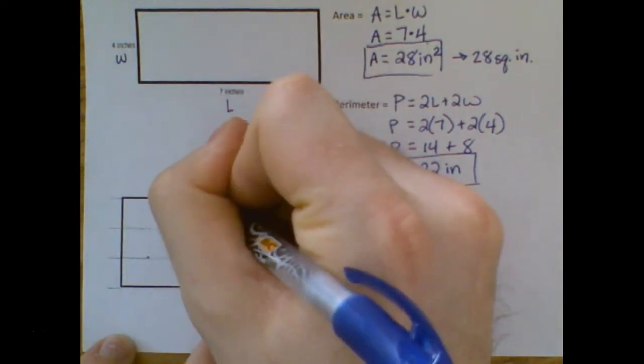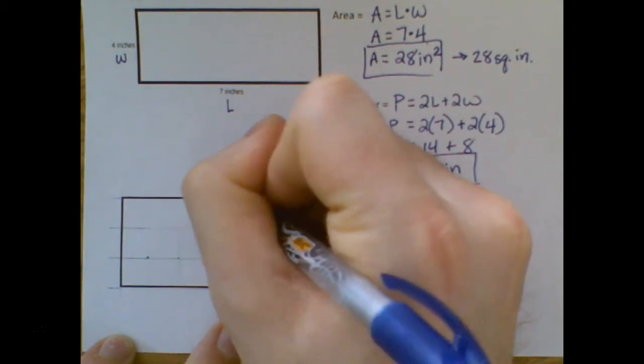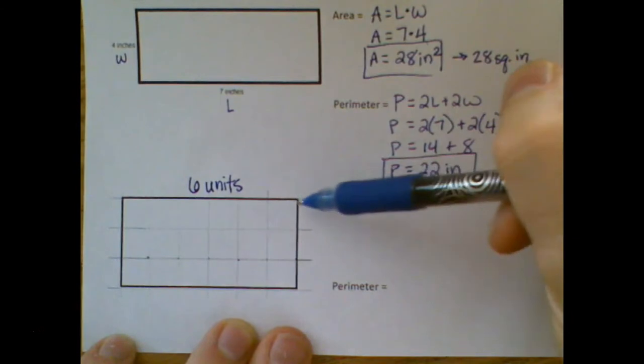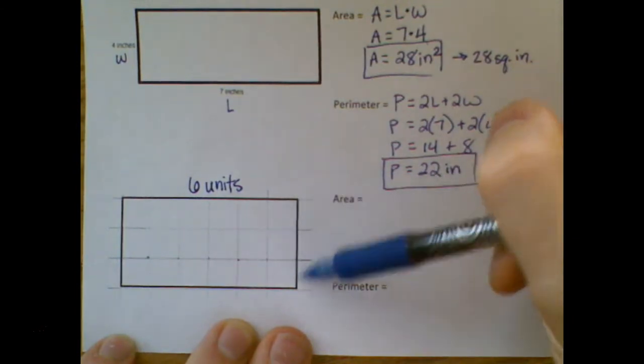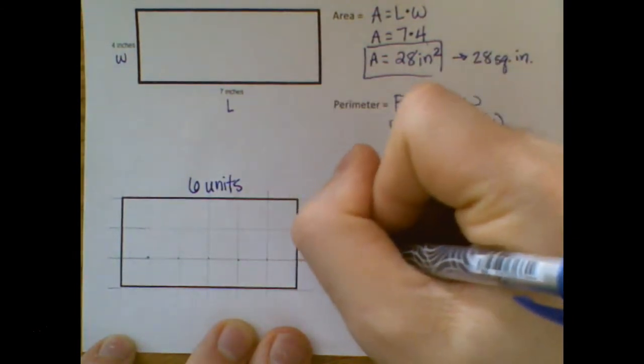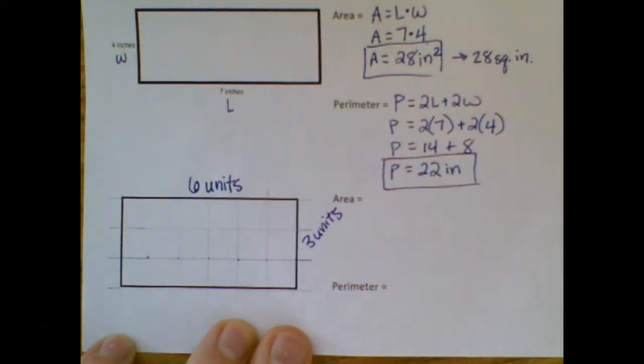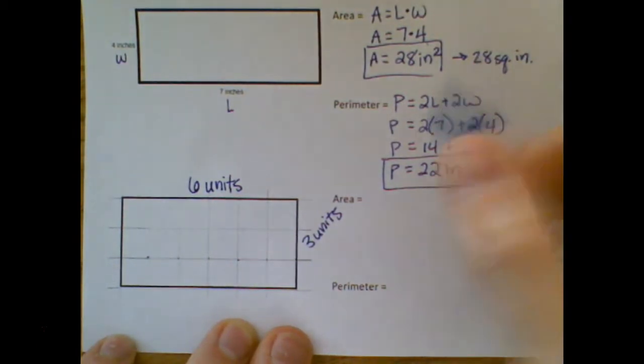Since we don't know what those units are, we just simply call them units. And then going up and down, I've got 1, 2, 3, so 3 units there. So it's 6 units by 3 units. Not the same measurement, which means it's a rectangle, not a square.